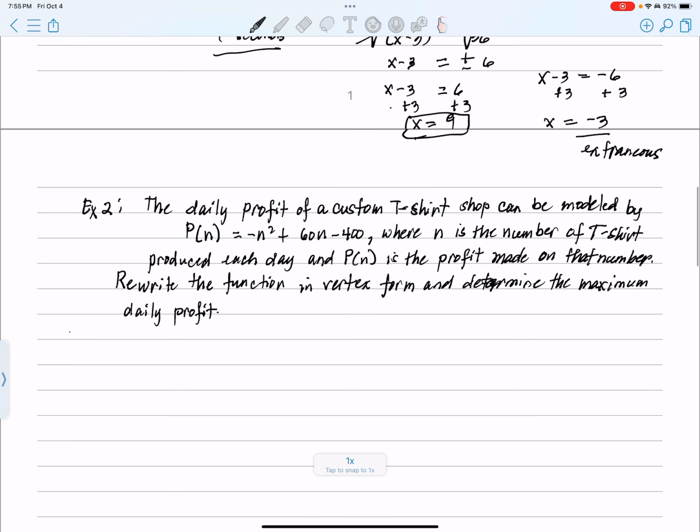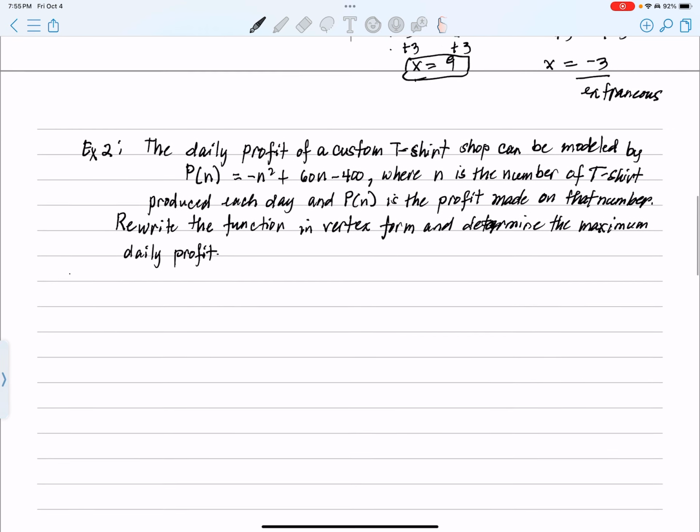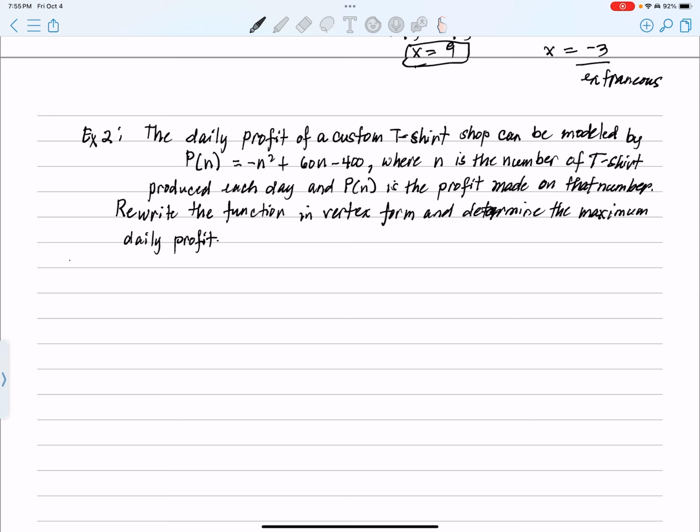The daily profit of a custom t-shirt shop can be modeled by P of n equals negative n squared plus 60n minus 400, where n is the number of t-shirts produced each day and P of n is the profit made on that number.